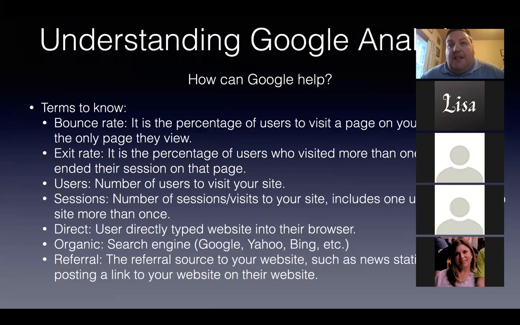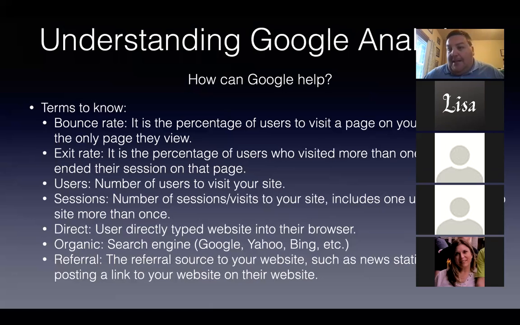Sessions is the number of sessions or visits to your site, and that includes one person who may look at your site 10 times. Essentially, if there is a click or a visit to your website, that will count as a session. These are some terms you'll see in the Search Console and the search tools with Google Analytics. Direct is when a user directly types your website into their browser. So they pull up Google or whatever browser they have, and they type in your exact website.